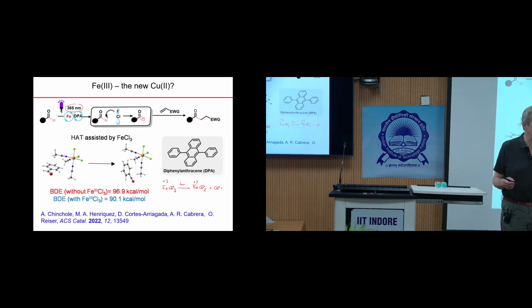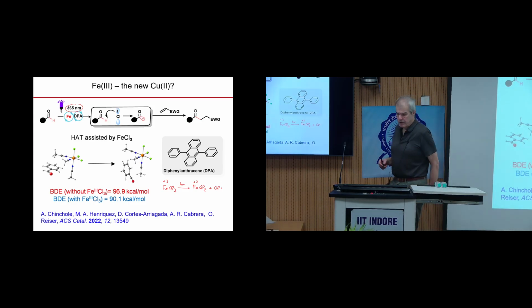That has been done on a technical scale with iron, not with iron 3 chloride. It's done with iron in order to make aniline from nitrobenzene, right? But there are not so many reactions which are really catalytic.